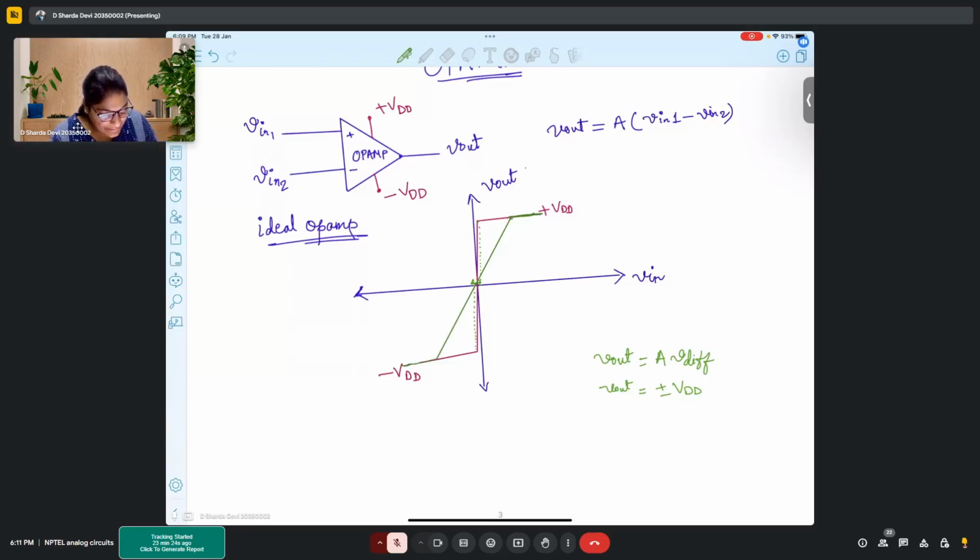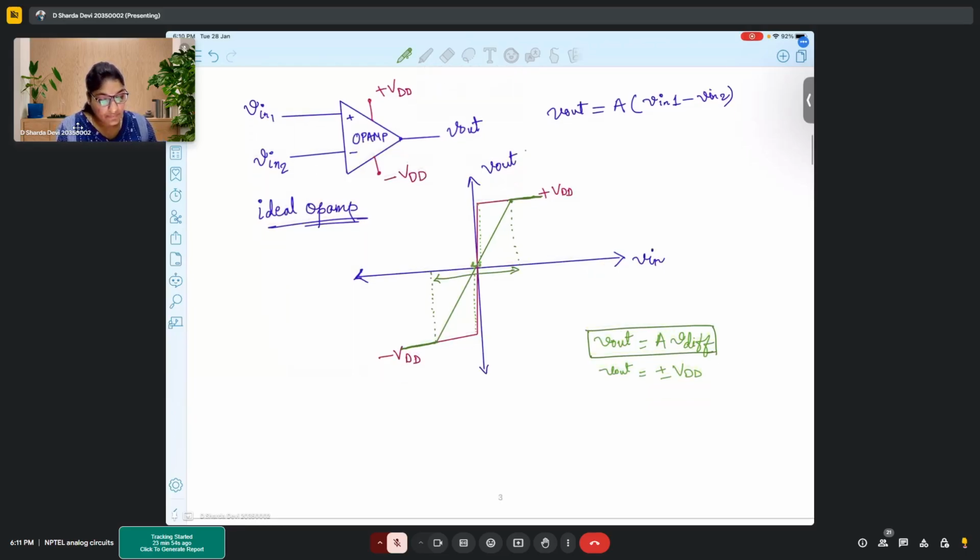So definitely it will saturate at plus minus VDD. But now if you look at this, we have increased this input span, right? This increase in input span is required for a linear amplification of our signal. So in this complete region of linear amplification, we will get V out as A times V difference.